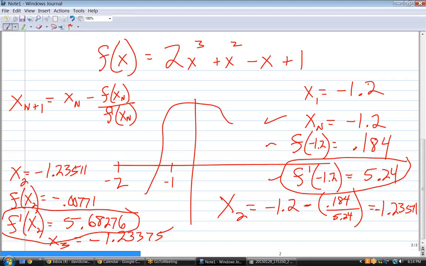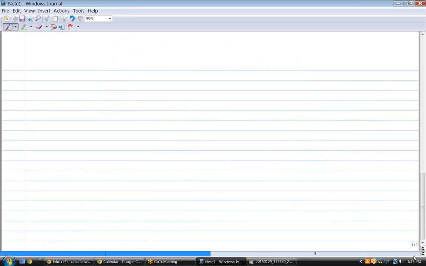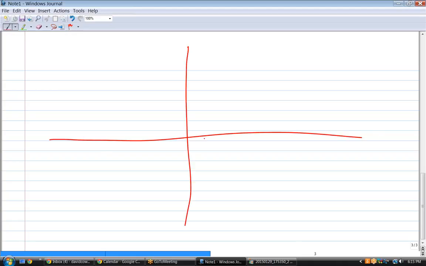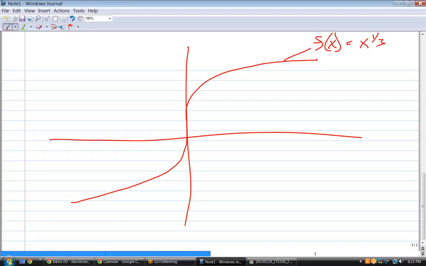Another way that this method will not work is if you have a function like the following. Something like a logistic curve. This is actually f of x equal x to the 1/3. This is the cube root of x.